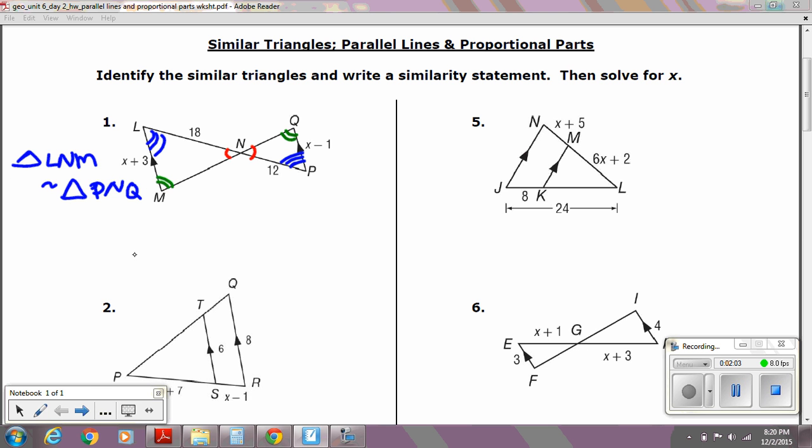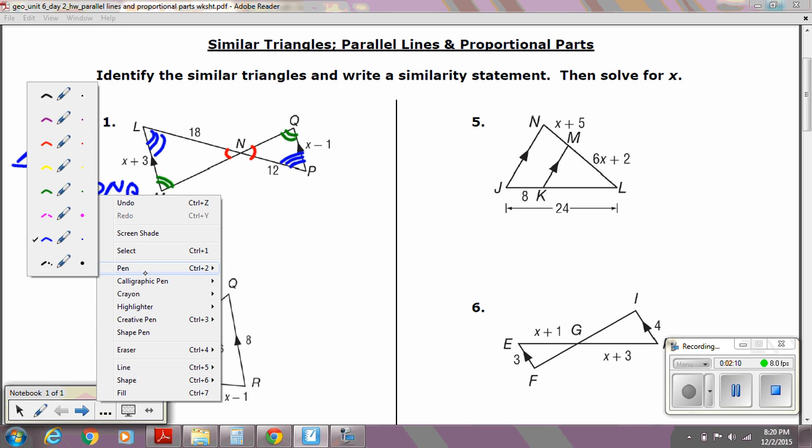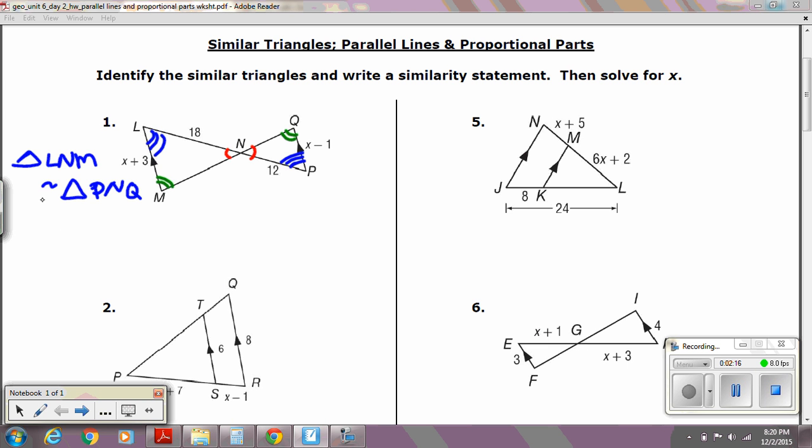Alright, now to solve for x. I know that there's a couple pairs of proportional sides that are given. We are given LN, and it is proportional with PN, and it should equal LM, which is proportional to PQ.